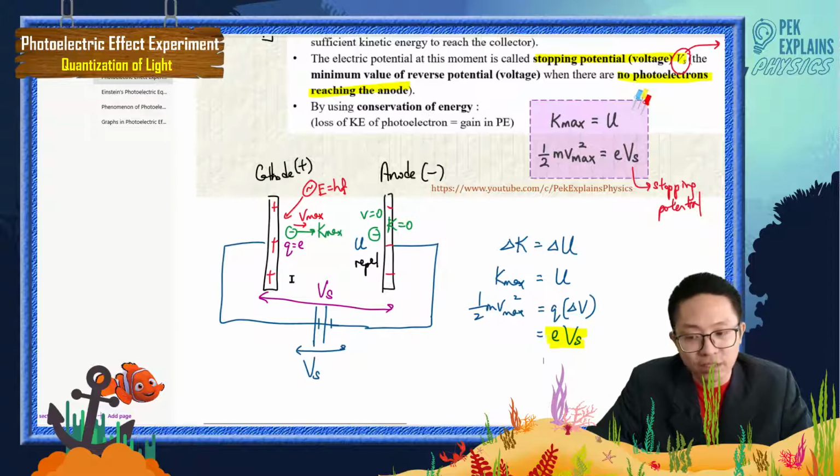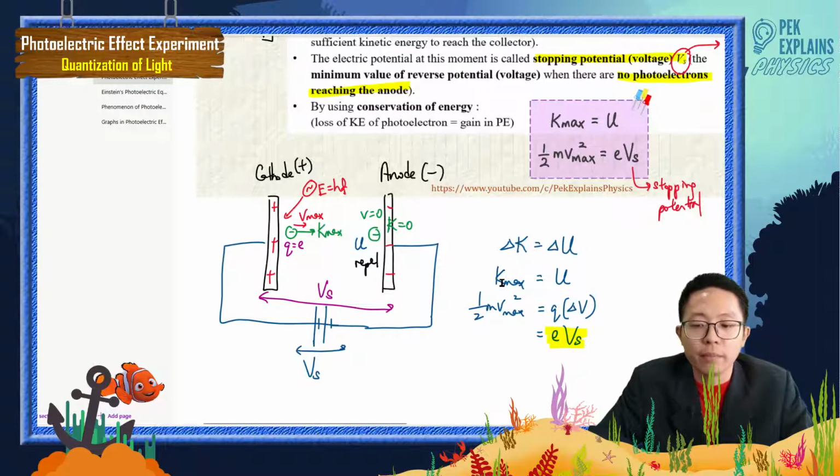It is the electron charge times the stopping potential, the potential difference between the two plates. This stopping potential will stop the electron, from vmax to v equals 0 here. So the kinetic energy is now stored in the form of potential energy in the electron.